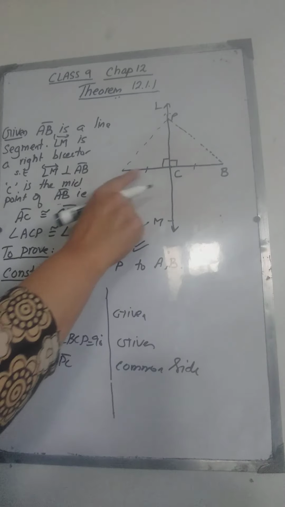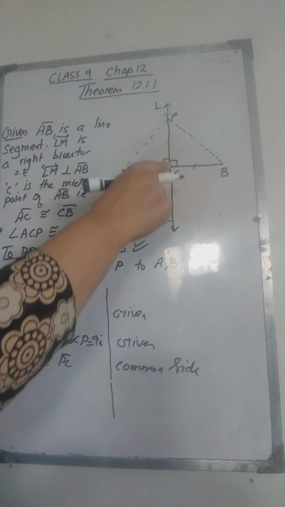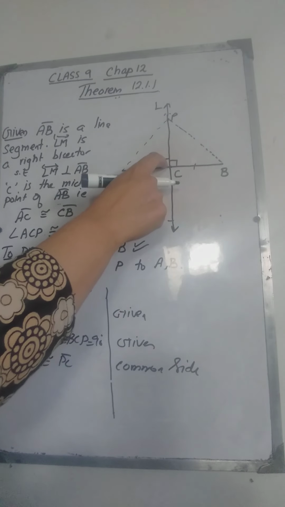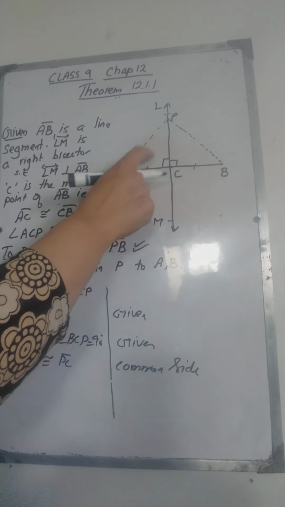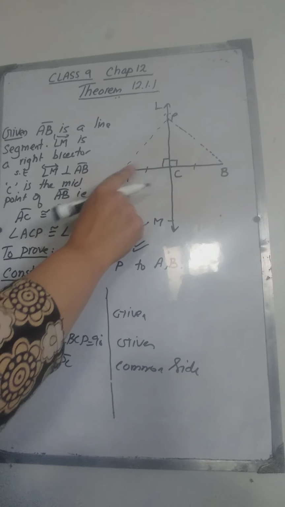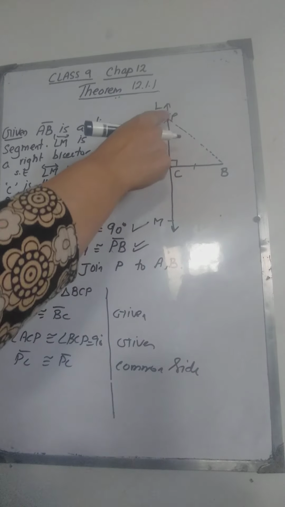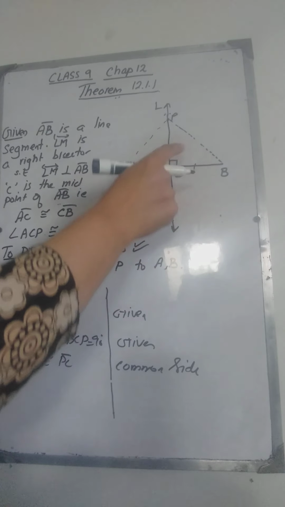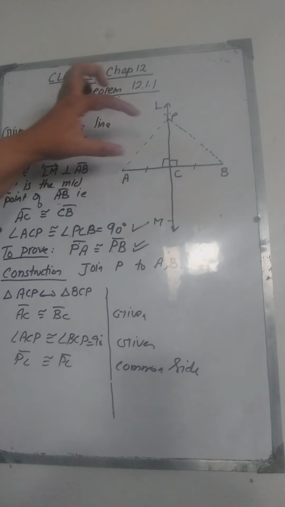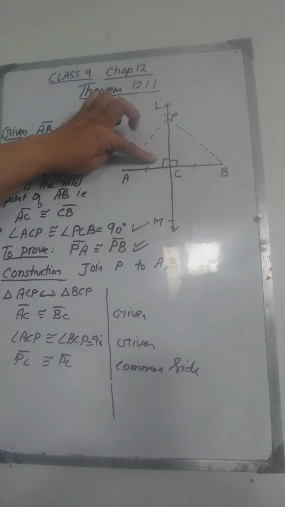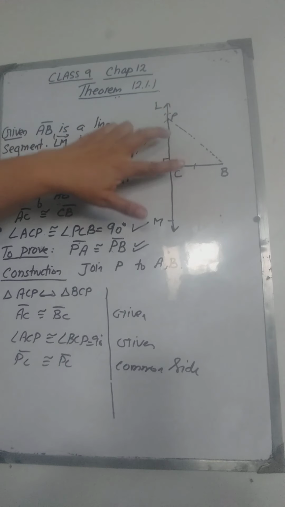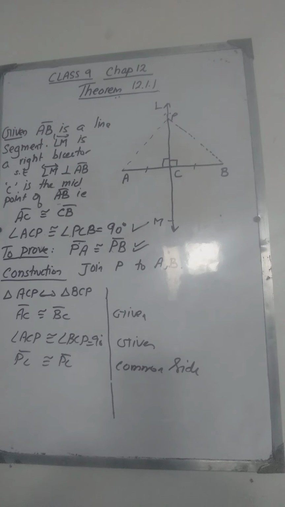It means that AC, PC, and the angle included between them, angle ACP, and PC, BC, and the angle included between them. So we have two sides and their included angle congruent to these two sides and their included angle. It means that according to the SAS postulate, these two triangles must be equal to one another.